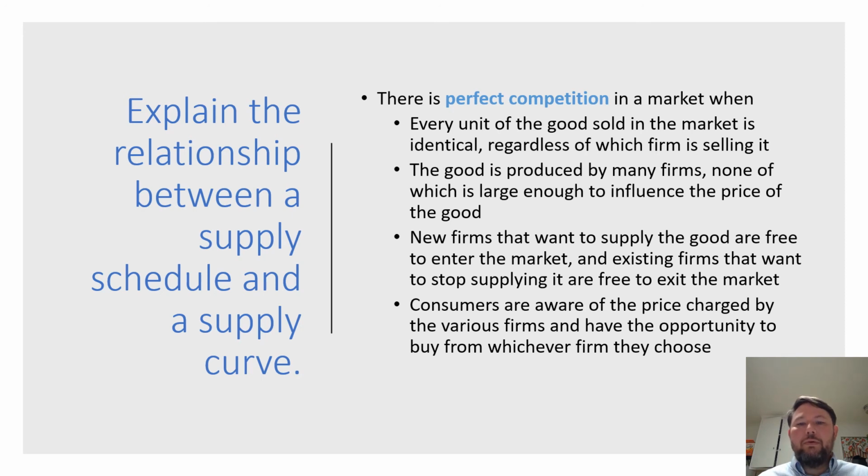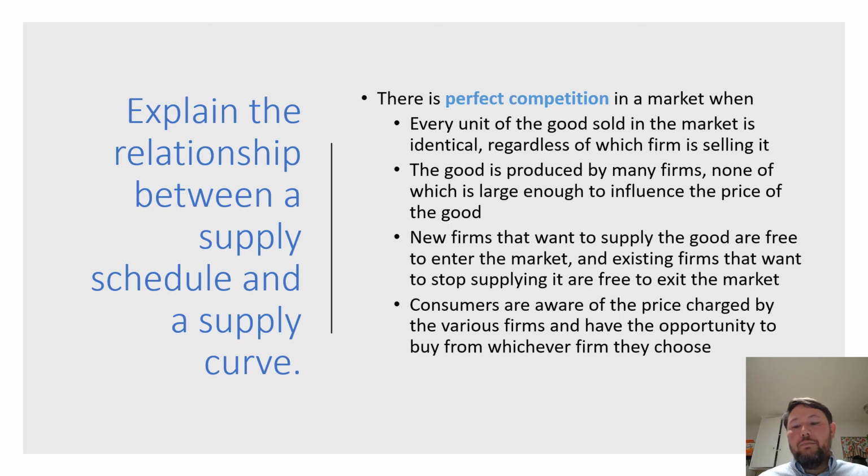So what do we mean by perfect competition? Well, we have perfect competition in a market when every unit of the goods sold in the market is identical, regardless of which firm is selling it. Now, we should note that this rarely takes place because in manufactured goods, firms try to differentiate their product, even if they are almost identical.